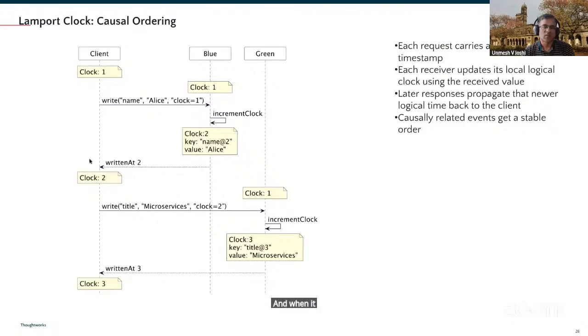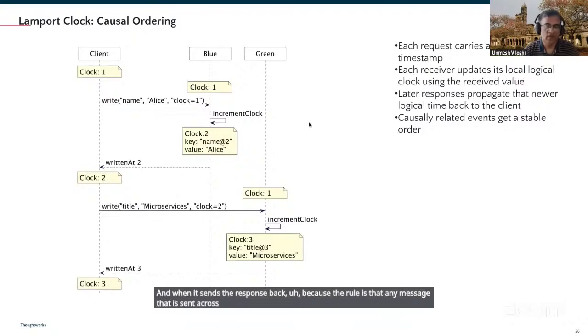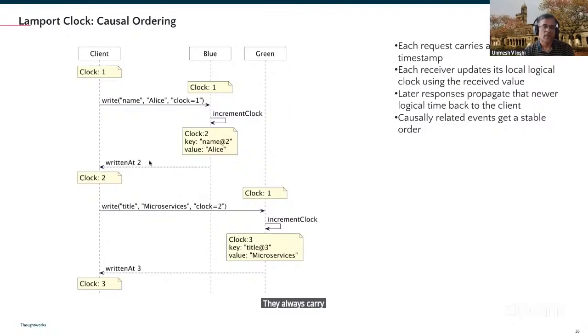When it sends the response back, because the rule is that any message sent across the set of servers always carries this clock value, it will send this value 2 back to this client. And this client will then handle this response and adjust its own clock to whichever is the highest value between 1 and 2. In this case, it's 2.